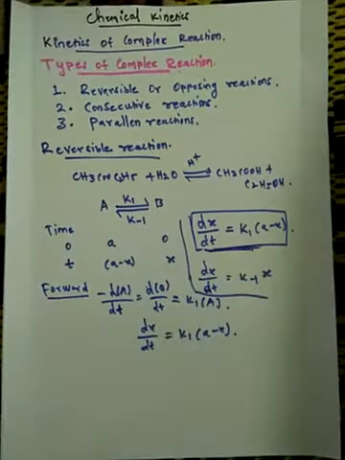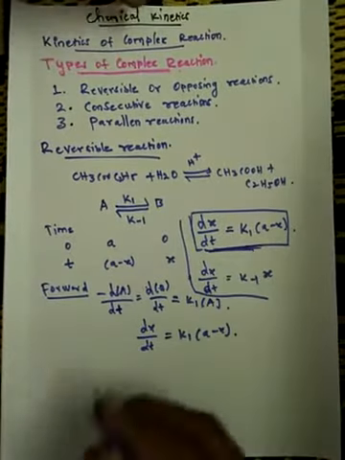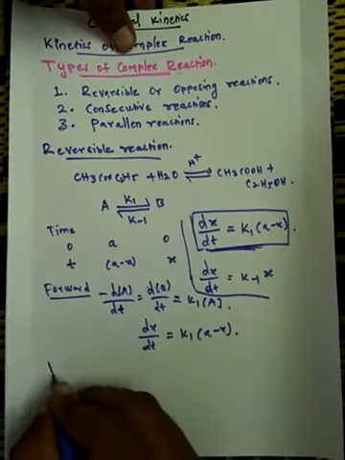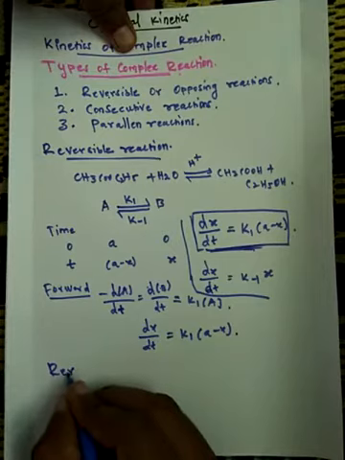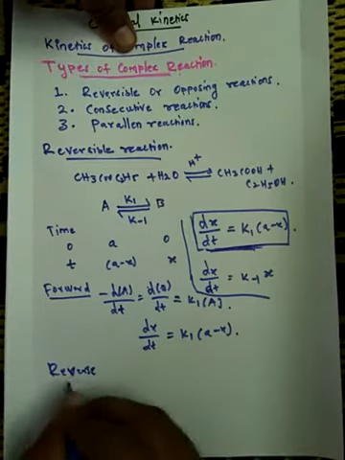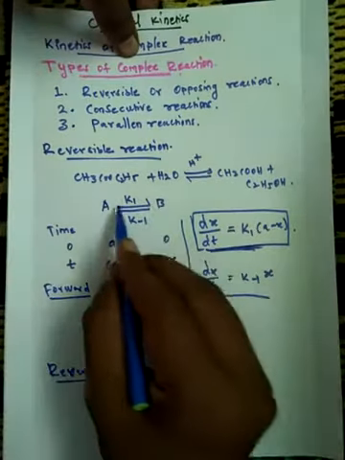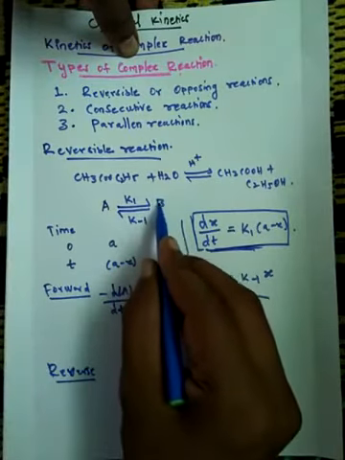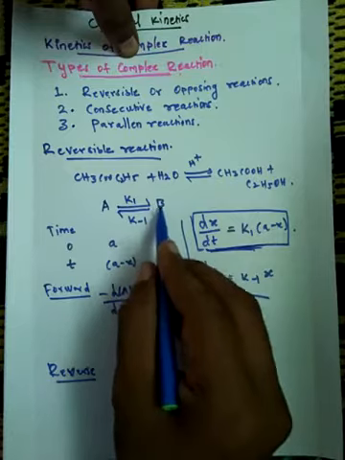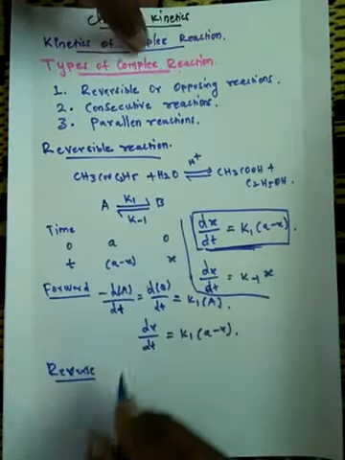And for the rate of reverse reaction, for the reverse reaction, the product B is your reactant. For the reverse reaction, B is your reactant.